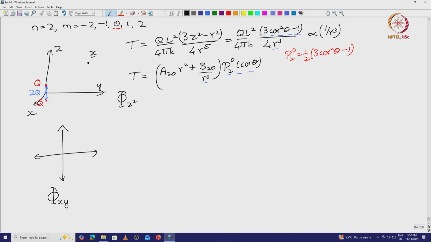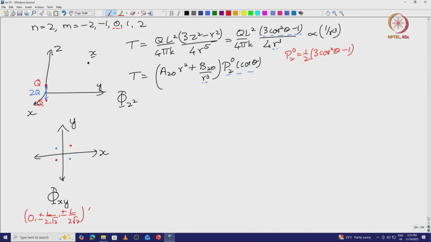This one is 2 sources. So, in the x y plane, looking from above in a 2-dimensional x y plane, you have sources located at 0 plus or minus L by 2 root 2, plus or minus L by 2 root 2.